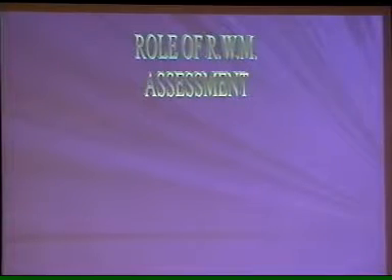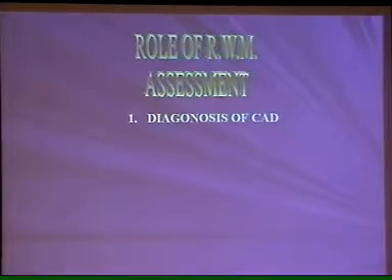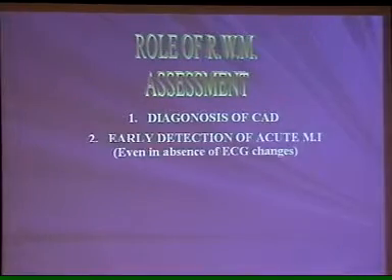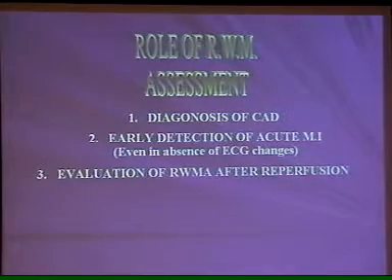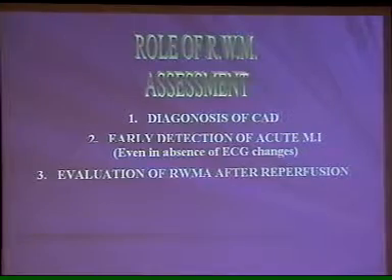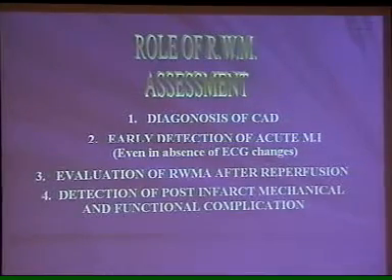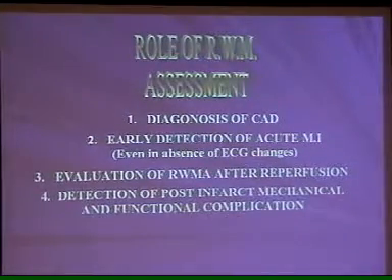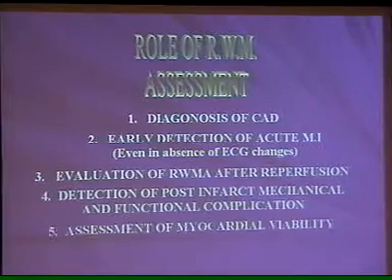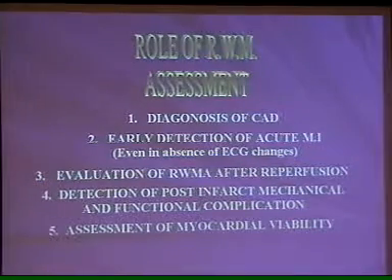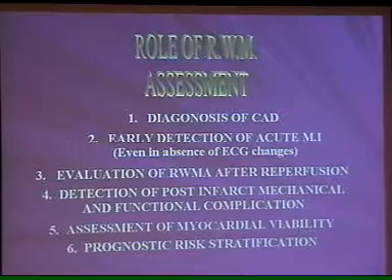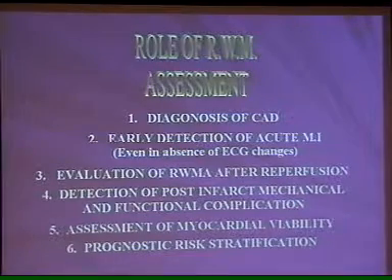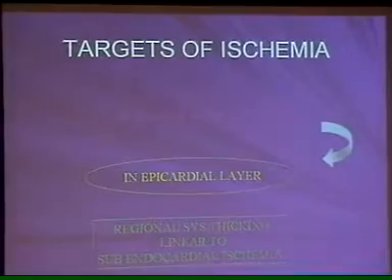Now, the role of regional wall motion assessment. How do you do that? Obviously, diagnosis of coronary artery disease, early detection of acute MI, evaluation of regional wall motion abnormality after reperfusion, then detection of post-infarct mechanical and functional complications, assessment of myocardial viability, and prognostic risk stratification. So quite a wide spectrum.